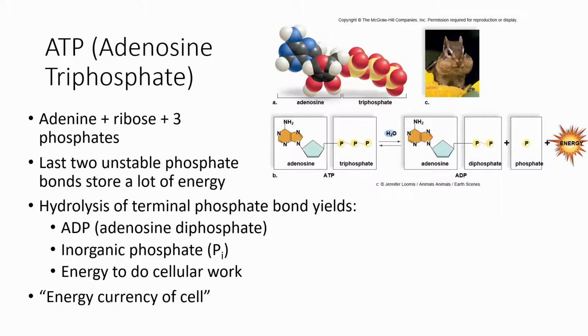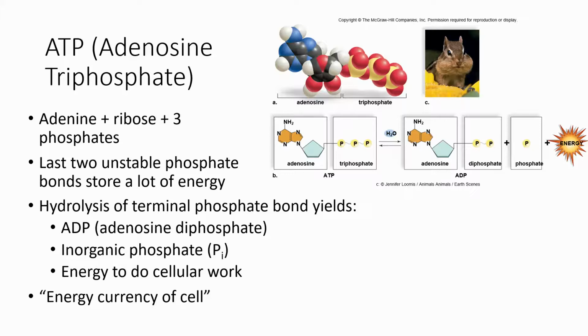Basically, phosphates are very highly polar, they're heavily charged, and it takes a lot of energy to get 2 of those same charges together. They're both negatively charged, so negatives and negatives repel. It takes a lot of energy to force them in proximity to each other. So if you've got 2 phosphate groups bound to each other, they're not super stable, and there's a lot of energy involved in making a phosphate-phosphate bond.